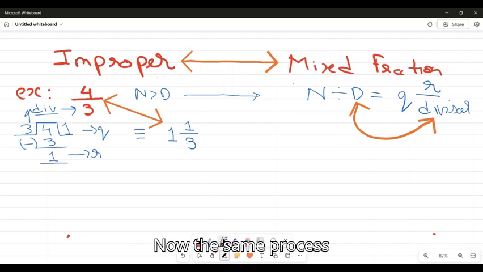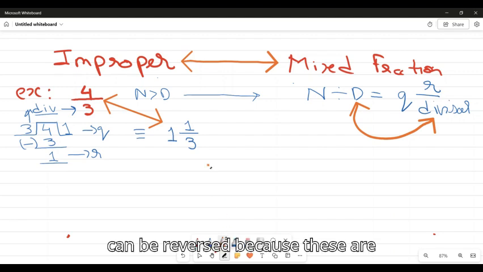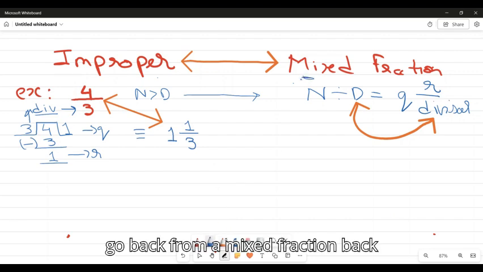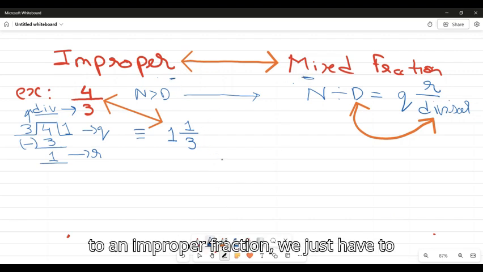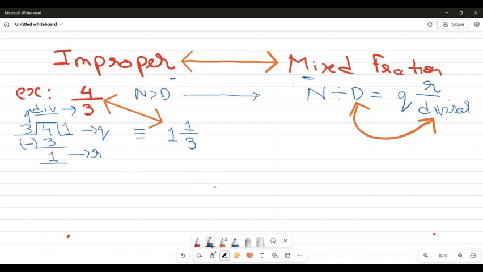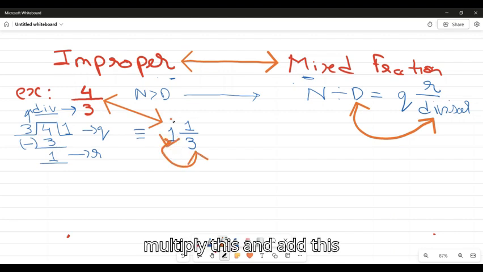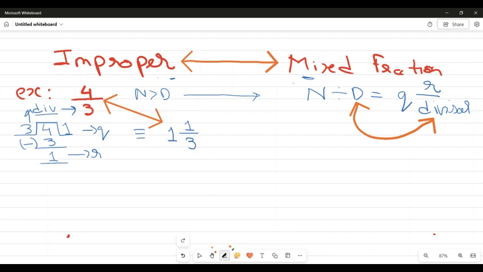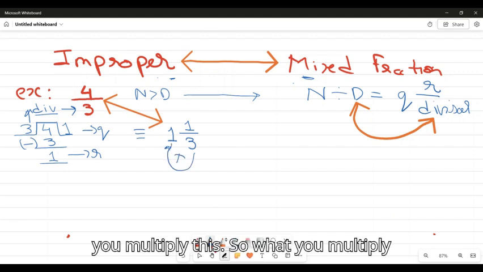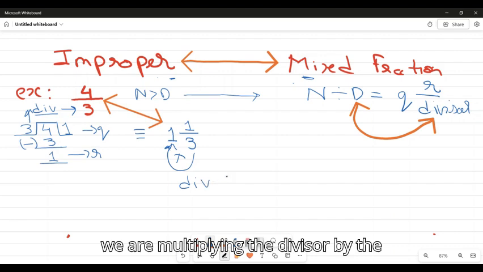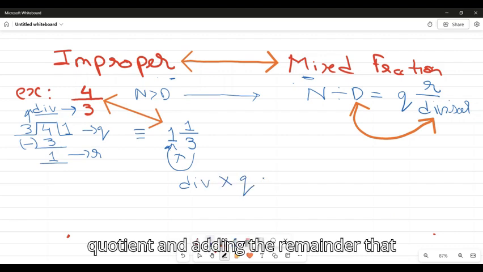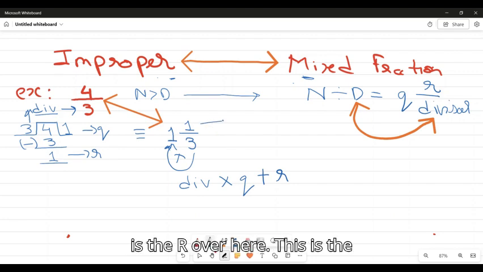Now the same process can be reversed because these are interchangeable. So if we want to go back from a mixed fraction to an improper fraction, we just have to simply multiply this and add this one. So how will we do it? Let's see. We are multiplying the divisor by the quotient and adding the remainder, that is the R over here.